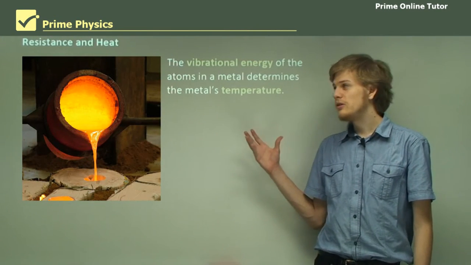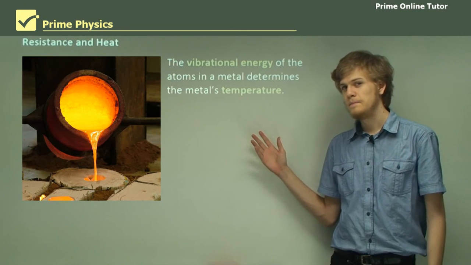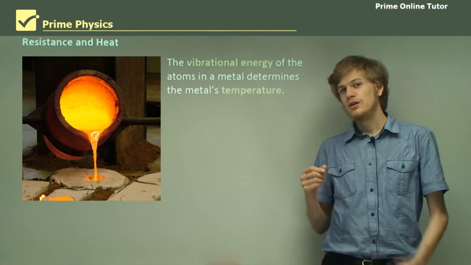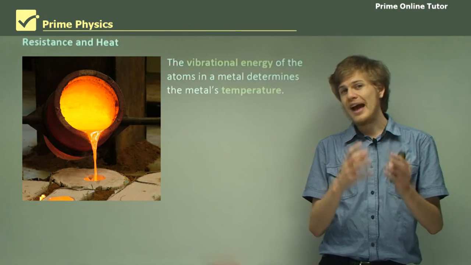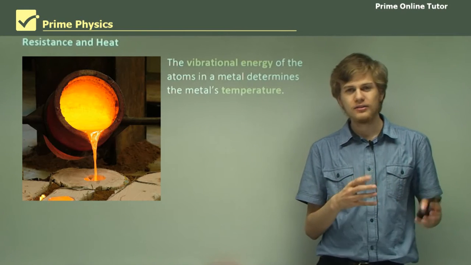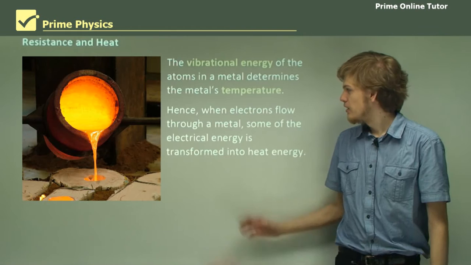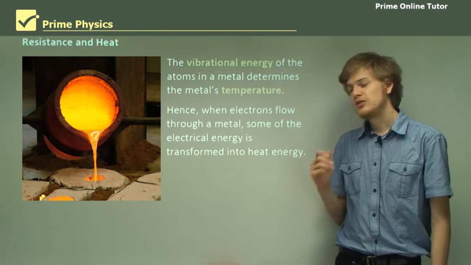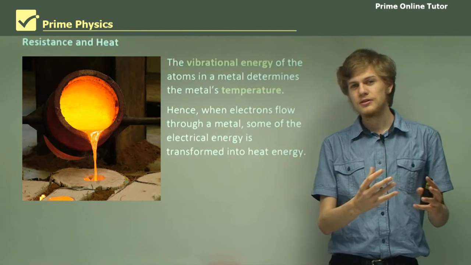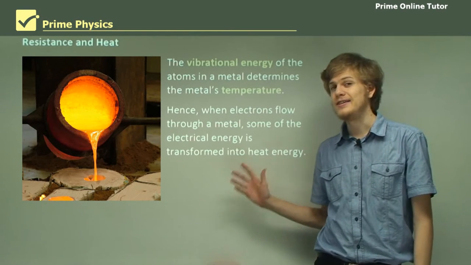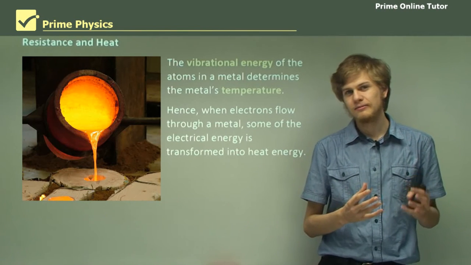Now, the vibrational energy of atoms in a metal determines the metal's temperature, right? So the more the electrons bump into the metal lattice, and the more the atoms in that lattice vibrate, the hotter we're going to get. So when electrons flow through a metal, some of the electrical energy, that is, the movement of the electrons, is transformed into heat energy, that is, the vibrational energy of the lattice, right?